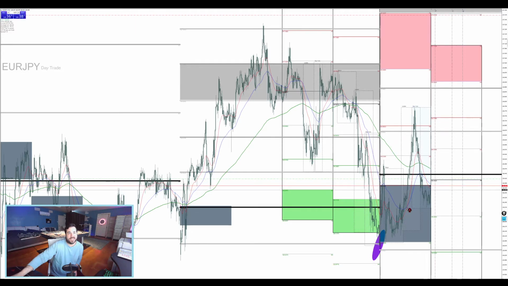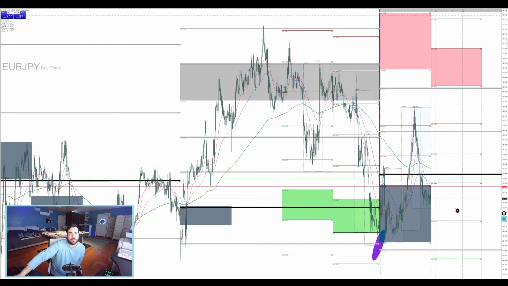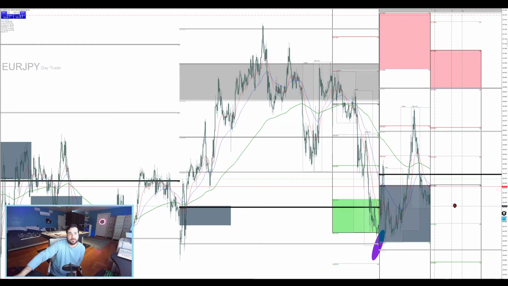We're going sideways into the box, so I'm going to take it at around midpoint. Okay, there we go. We got the spreads widening. All right, we have lock. There we go.